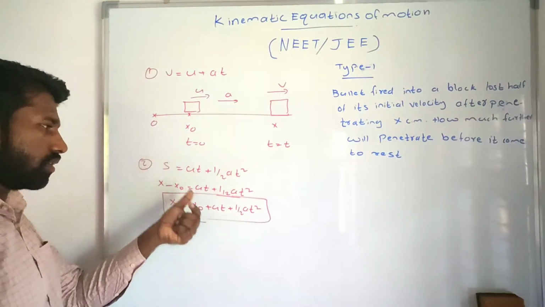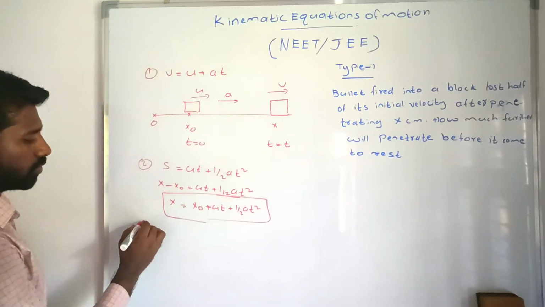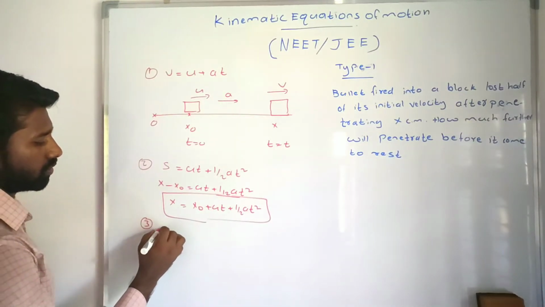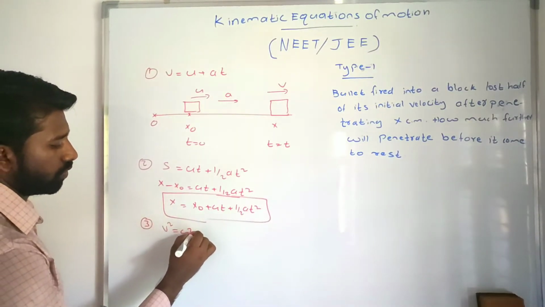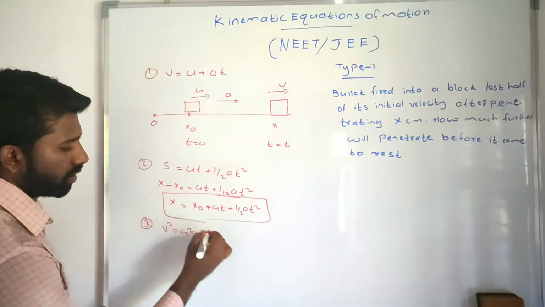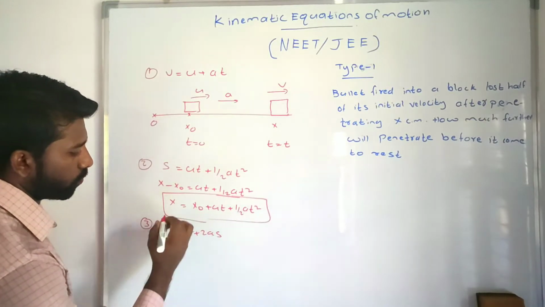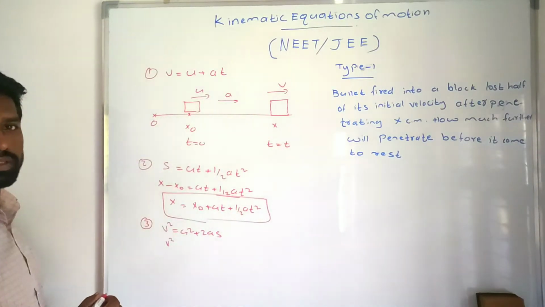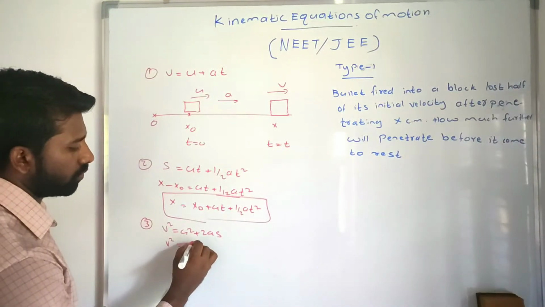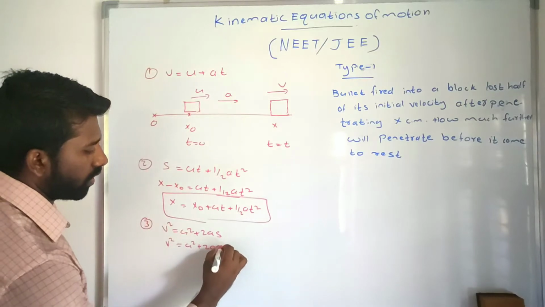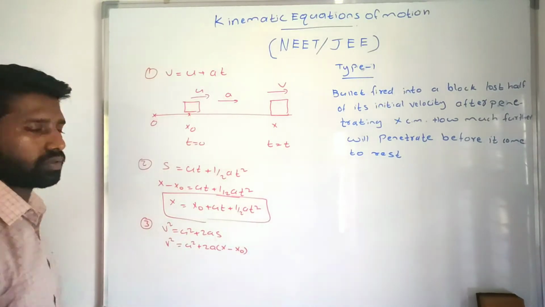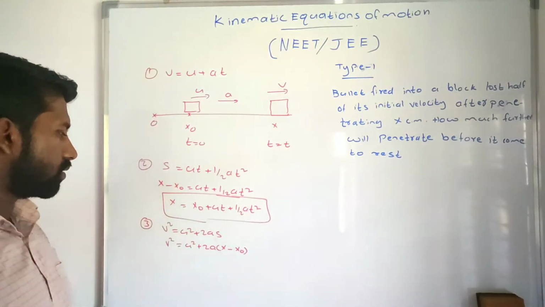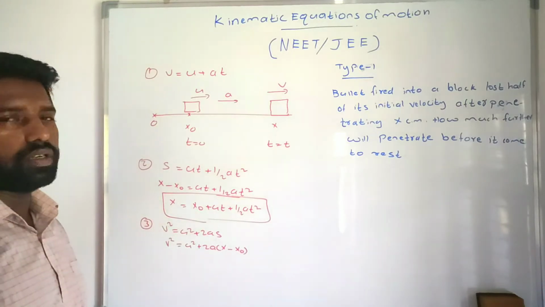This is the second motion equation, and the third motion equation is v² = u² + 2as, where s is the displacement. Here the displacement is x - x₀, so v² = u² + 2a(x - x₀). This is the third motion equation.